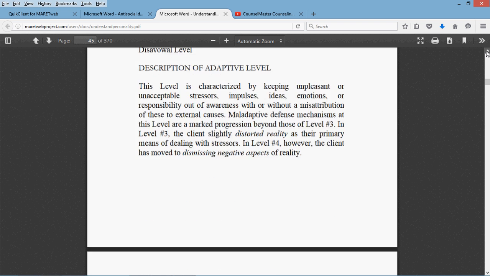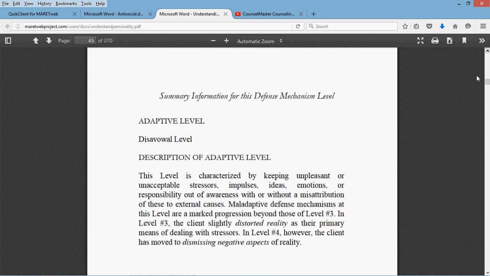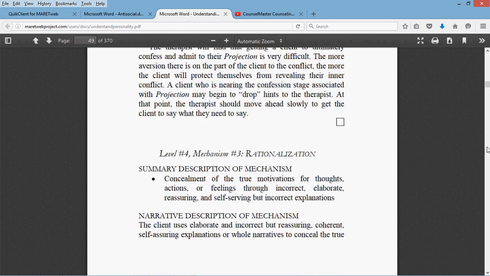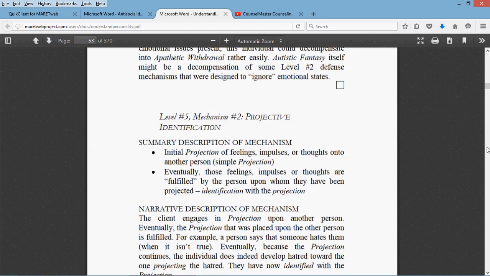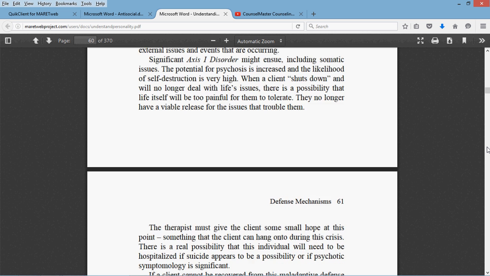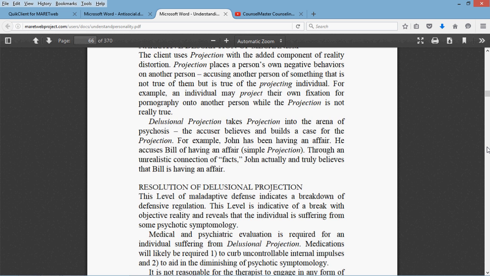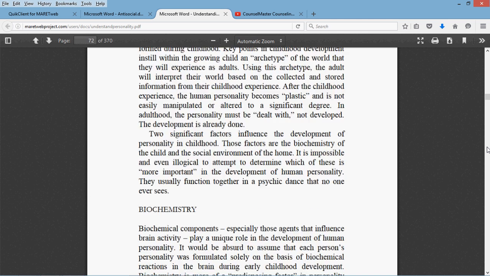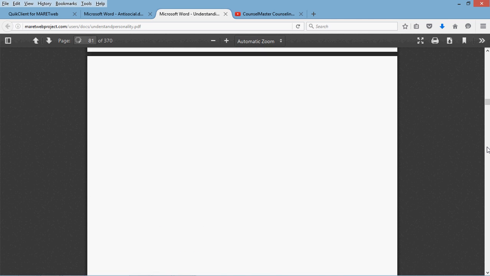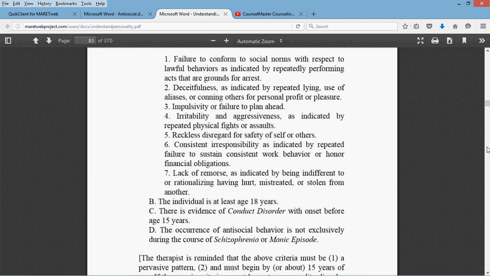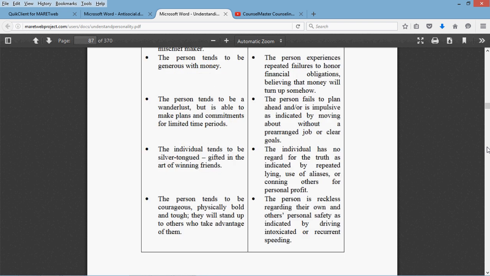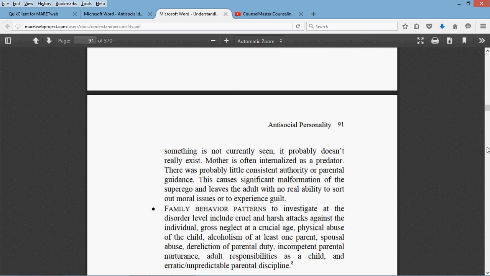This has descriptions of all of the defense mechanisms, and then it has all 10 of the personalities like we just looked at. You can pull this down and save it if you want, as long as you don't redistribute it. You can open this up if you want and print out sections.